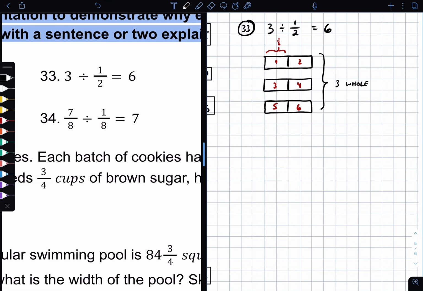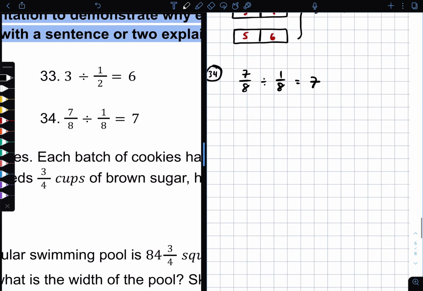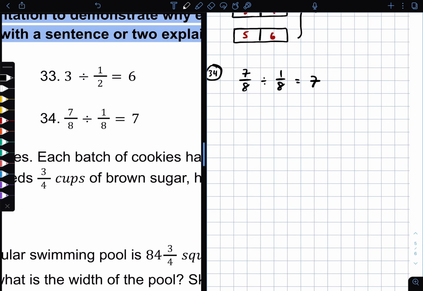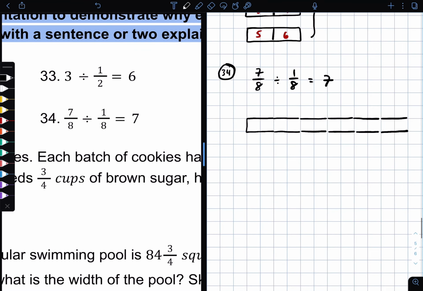Okay, 34, let's take 7/8 and let's divide this by 1/8, and how does that possibly equal 7? Okay, well, let's go ahead and take one long bar here. So let's go 1, 2, that'll be 1/8, that'll be 2/8, that'll be 3/8, that'll be 4/8, 5/8, 6/8, and then running out of space here.